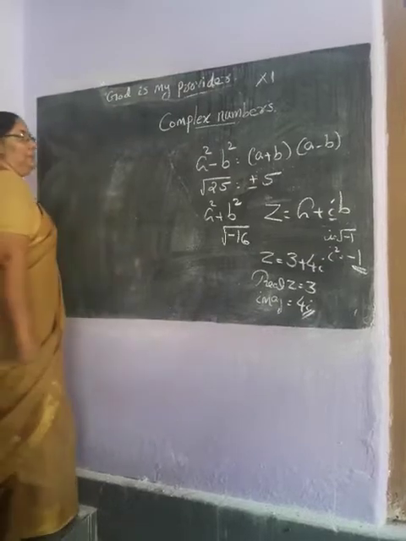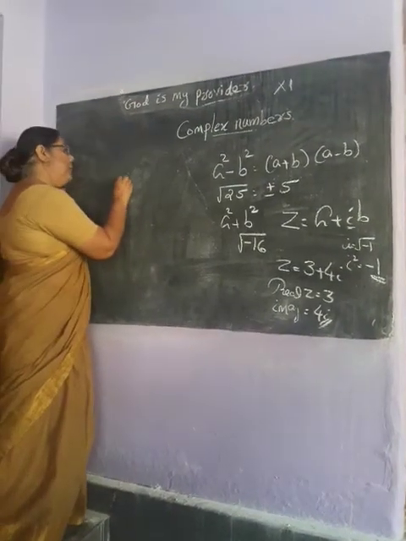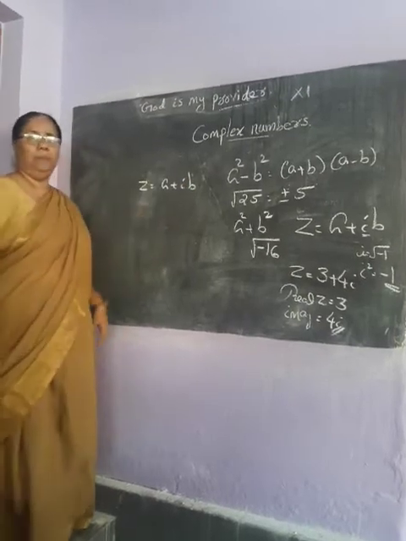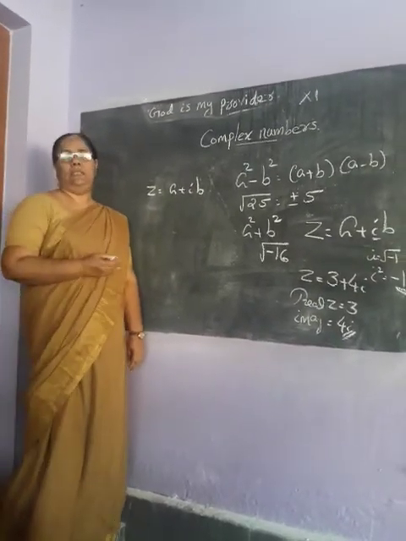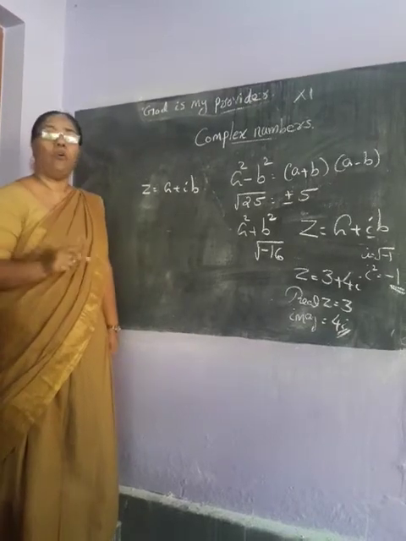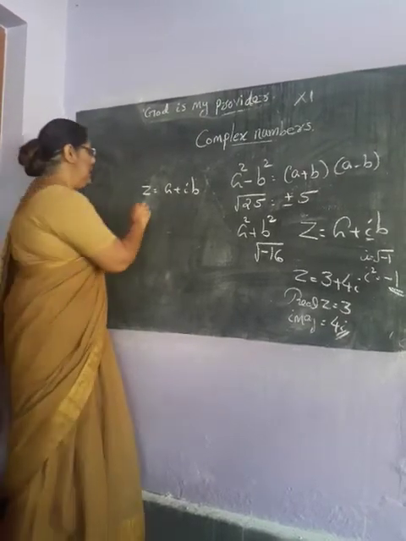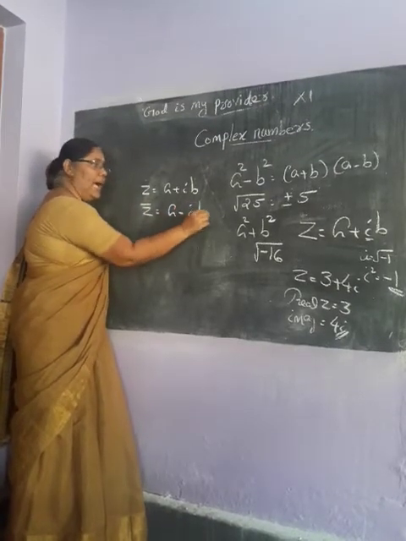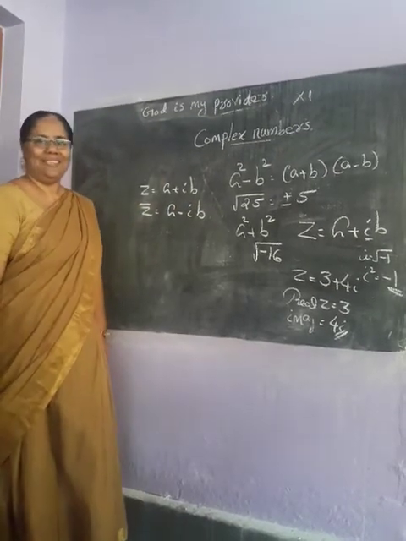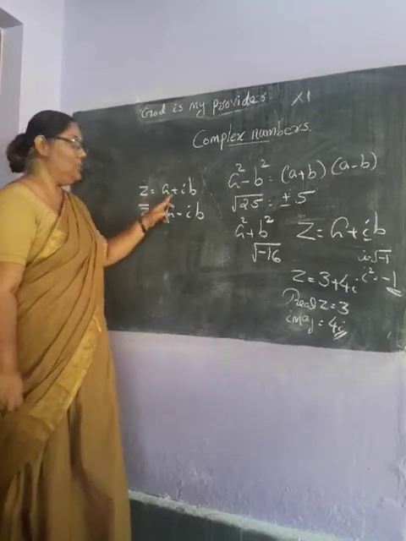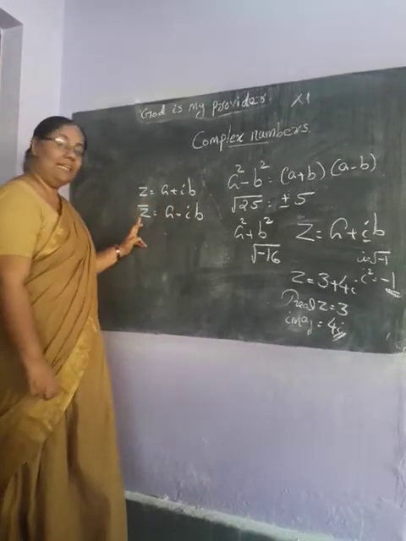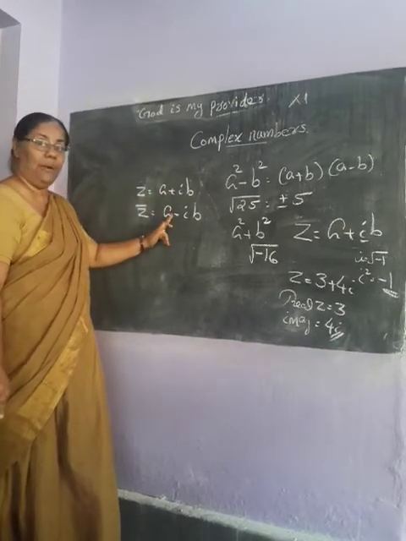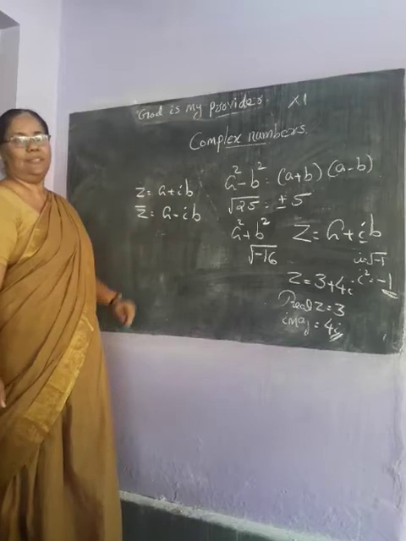Next one is, if Z is equal to A plus iB, then its conjugate, next heading, conjugate of a complex number, Z bar is equal to A minus iB. Understand? Z is equal to A plus iB and Z bar means its conjugate. If it is plus, we write minus. If it is minus, we write plus.